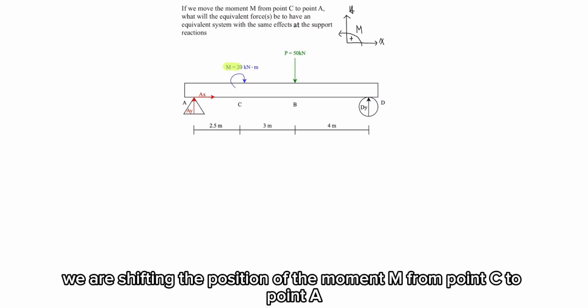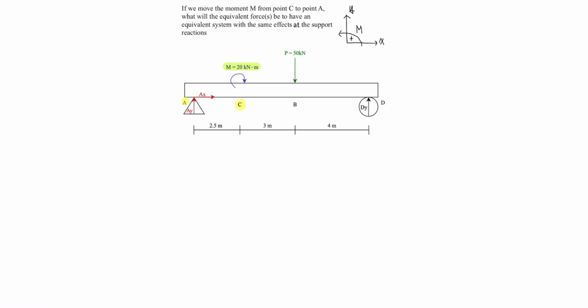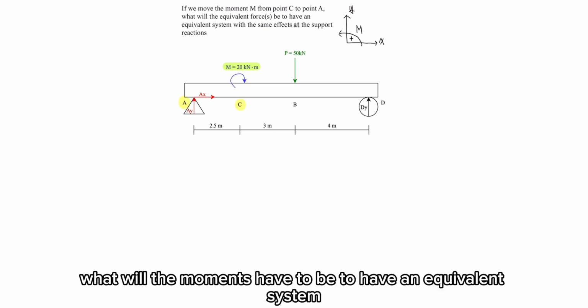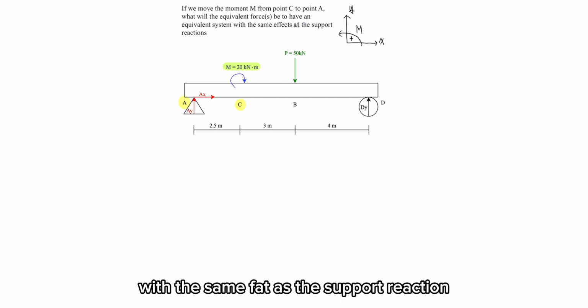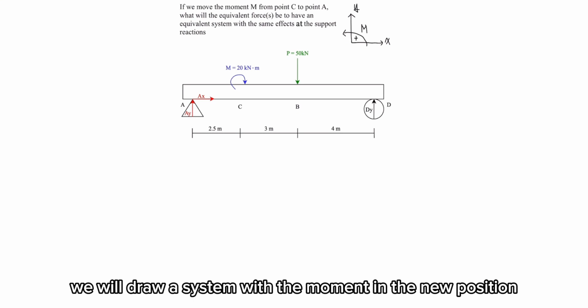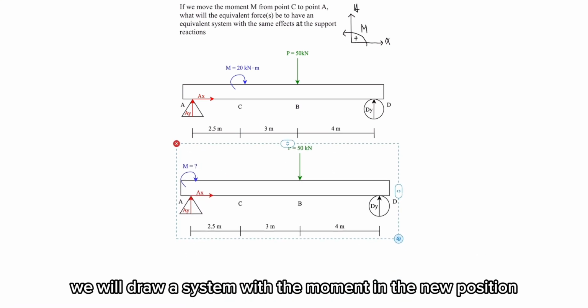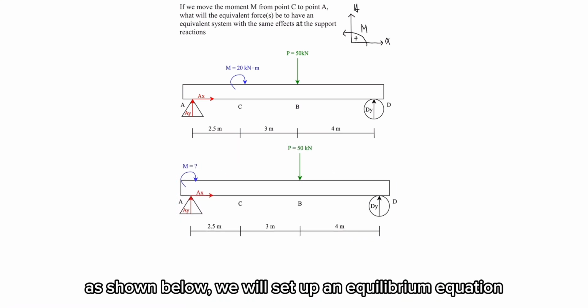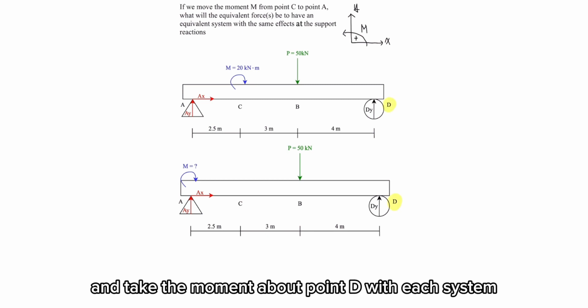Now, we are shifting the position of the moment M from point C to point A. What will the moment have to be to have an equivalent system with the same effect as the support reaction? We will draw a system with the moment in the new position as shown below. We will set up an equilibrium equation and take the moments about point D with each system.